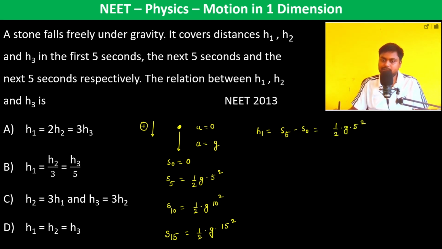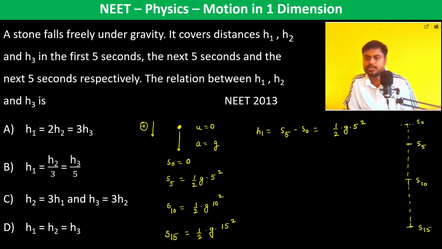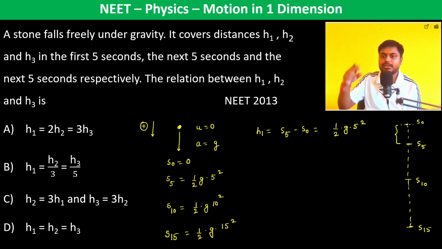Now how are we writing this? Because when the particle is falling, this is s0, this is after 5 seconds, this is after 10 seconds, and this is after 15 seconds. So the distance traveled in the first 5 seconds is s5 minus s0.